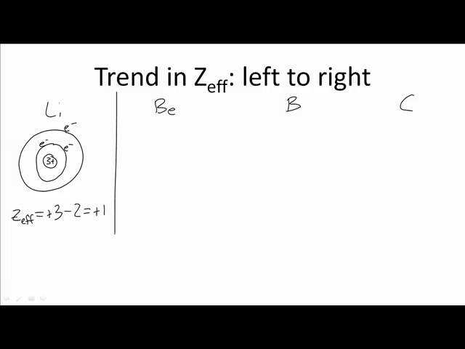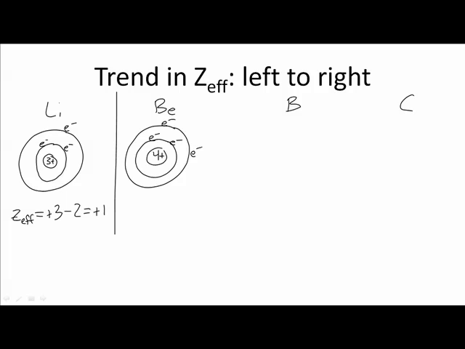Beryllium has how many protons in its nucleus? 4. Again, has 2 core electrons and 2 valence electrons. So we've added a proton. We also added an electron. The electron we added went to the same outer energy level.